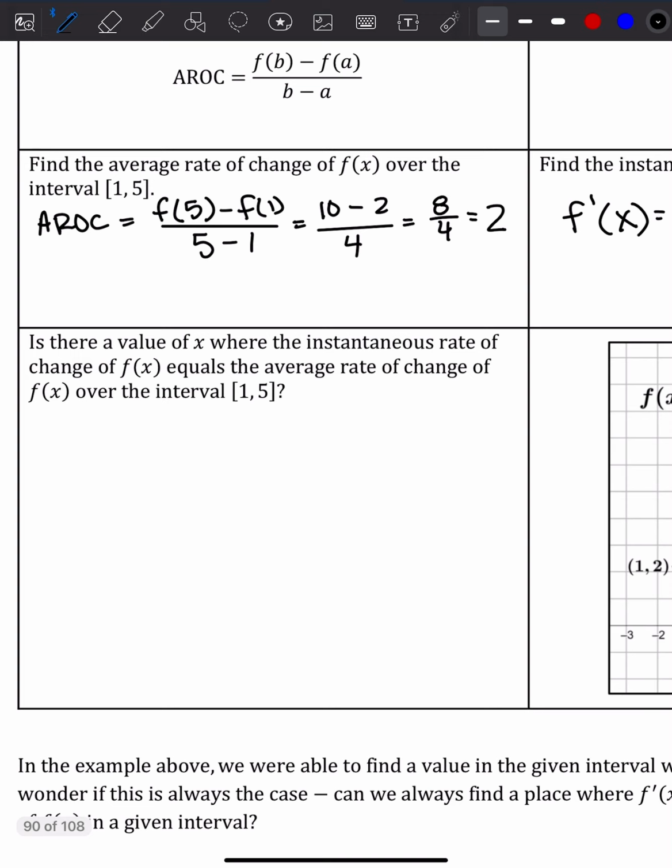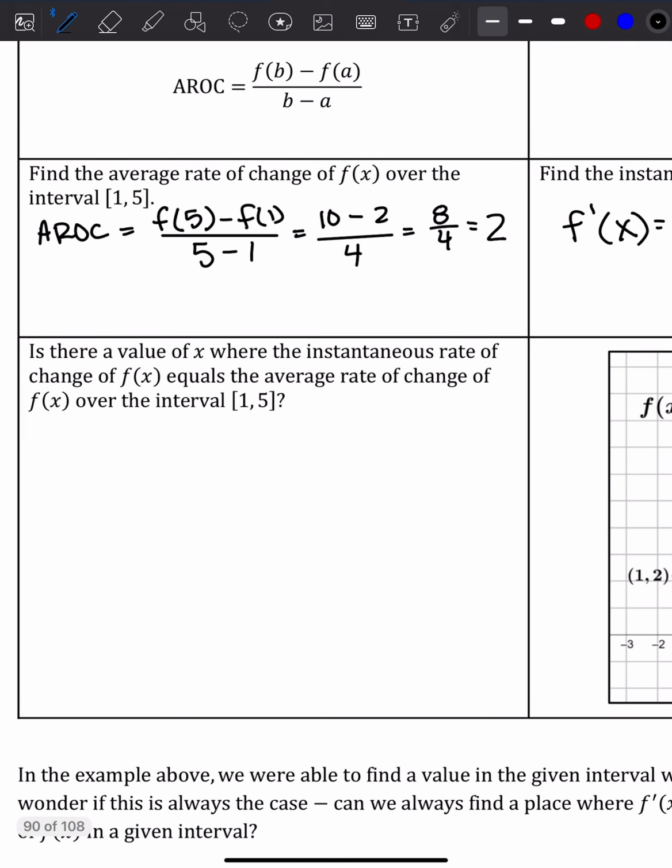Is there a value x where the instantaneous rate of change of f of x equals the average rate of change of f of x over the interval 1 to 5? So what we know is the instantaneous rate of change is f prime of x. Our average rate of change is the average rate of change from 1 to 5, which we already found is 2. So we want to know when these two equal each other.